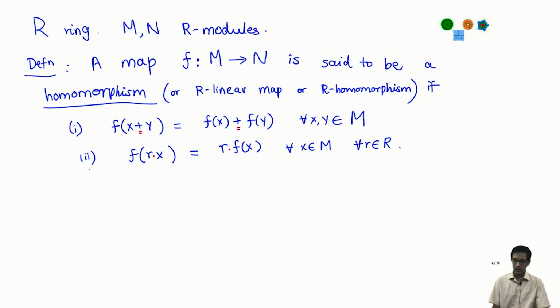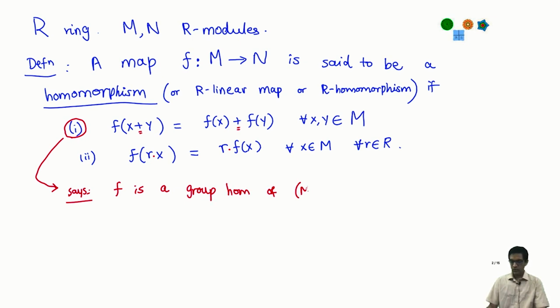Then, if you just look at property 1 alone, a homomorphism of R modules is in fact a homomorphism of the underlying abelian groups M and N. Observe that property 1 says exactly that f is a group homomorphism from the abelian group M plus to the abelian group N plus.